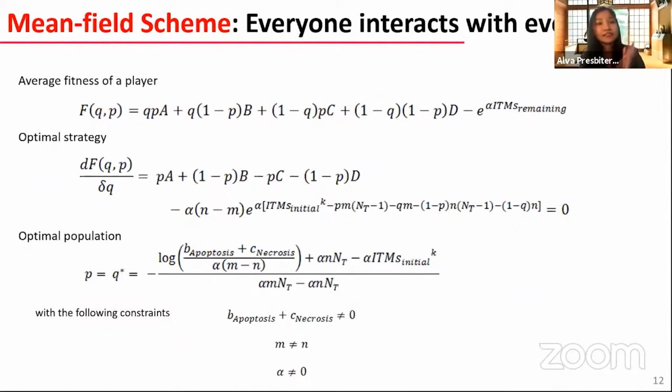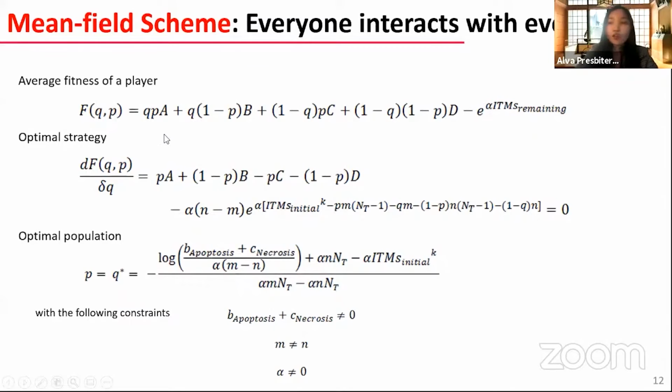With that, we calculated the average fitness of a player. What we have here on the last term would be the cost of the remaining ITMs in the system. Now, the goal here is to somehow neutralize the ITMs in the organism.